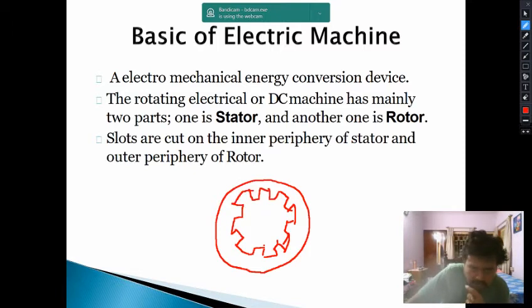This is how the stator is slotted in the inner periphery, and conductors are placed in those slots like this.